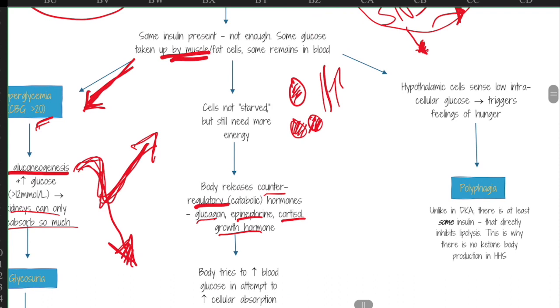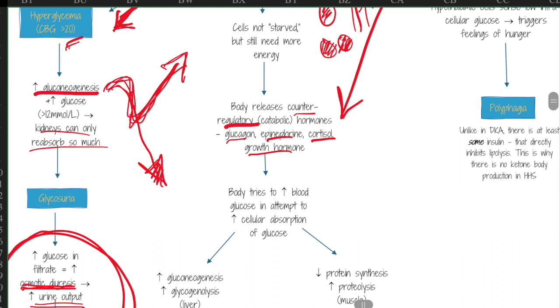Likely if your increase in glucose is because of a stress response, you already have a bit of cortisol going on in your system, and you're going to have even more going on. All of these things here are going to increase the glucose. The body doesn't understand at this point that the reason the cells aren't getting glucose is because they don't have insulin to let them into the cell. It just thinks we're having a glucose depletion and we need to make more.